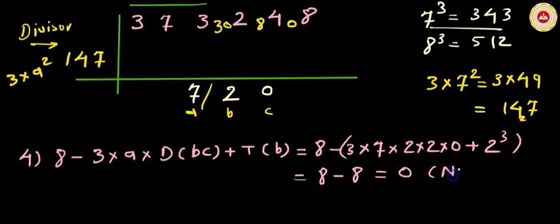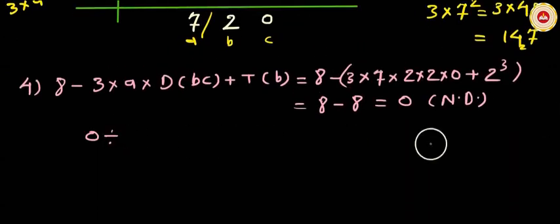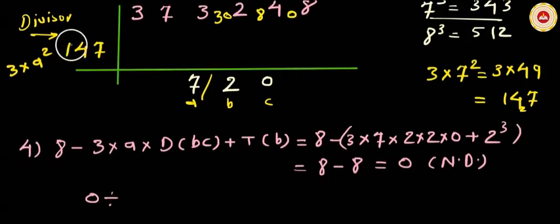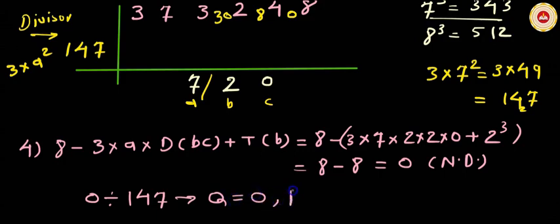This 0 is the net dividend. So divide this 0 by divisor 147. 0 divided by 147 gives quotient obviously 0 and remainder 0.